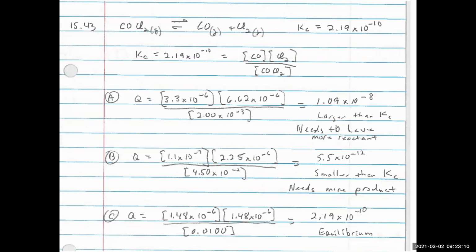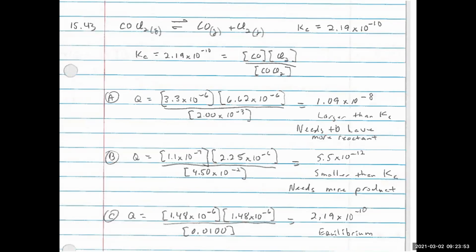So this goes back to, remember we talked about calculating the Q value, and Q was just another calculation. It's really the same calculation as an equilibrium constant calculation, except it's giving us what the value is at that point in time. And by comparing that value to what the known equilibrium constant is, we can tell, does the reaction need to move towards the products to establish equilibrium, or does it need to move towards the reactants to establish equilibrium? So we go ahead and write our equilibrium expression.